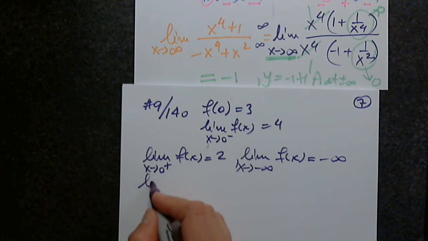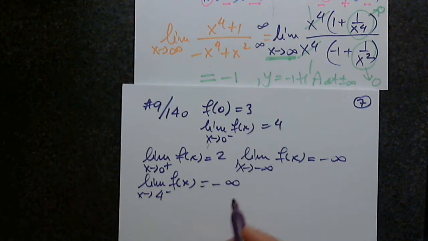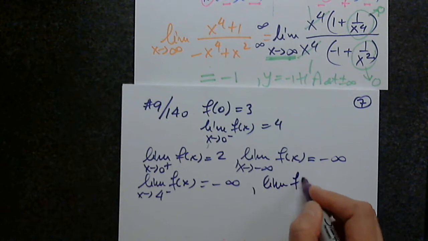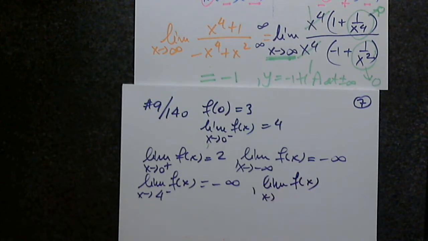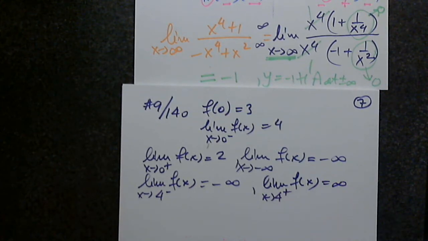And then the limit of f of x as x approaches 4 from the left. Yes, negative infinity. The limit of f of x as x approaches 4 from the right is positive infinity. And one more, the limit of f of x is 3 when x approaches infinity.